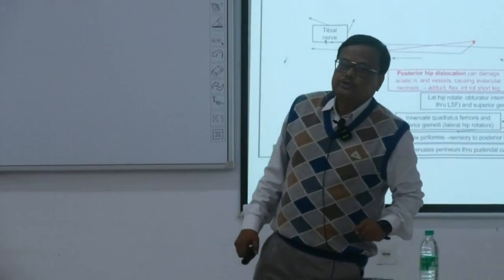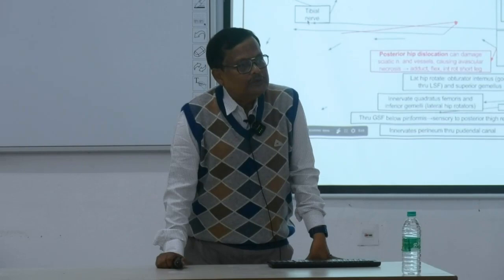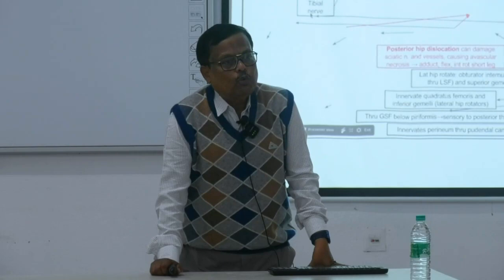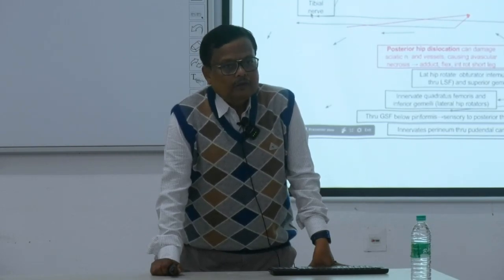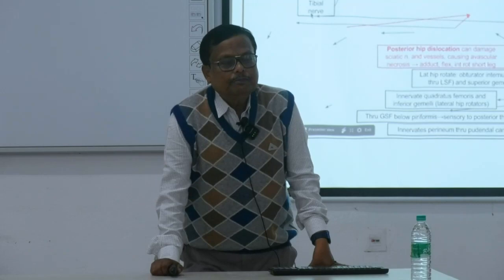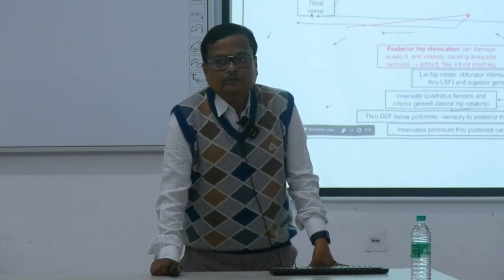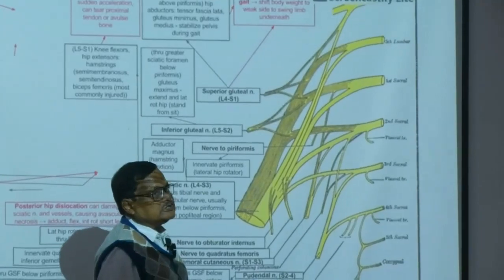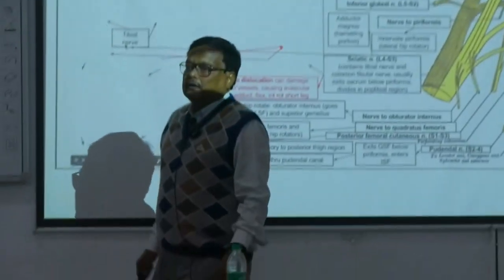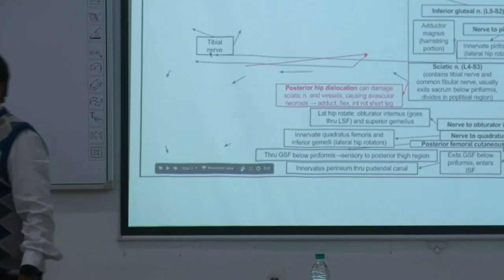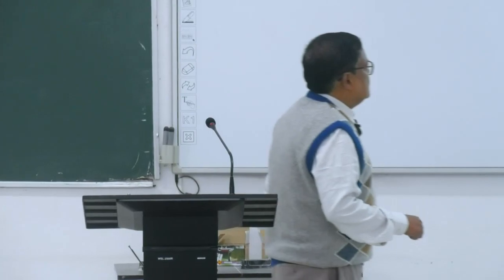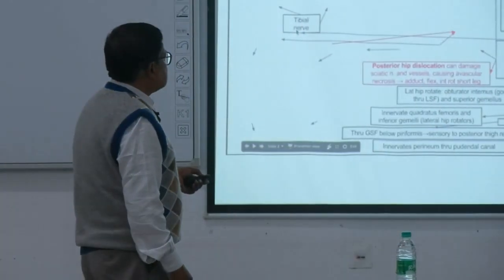The important branches you have to know: the superior gluteal nerve, inferior gluteal nerve, nerve to quadratus femoris, then the most important nerve in our body, the sciatic nerve, then the posterior femoral cutaneous nerve of thigh, then the nerve to obturator internus. So these are the important branches.